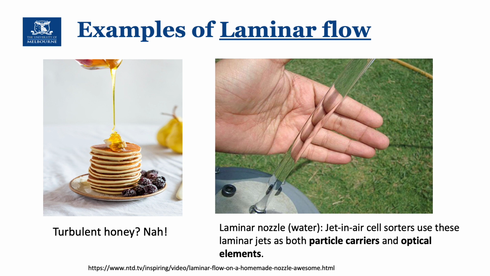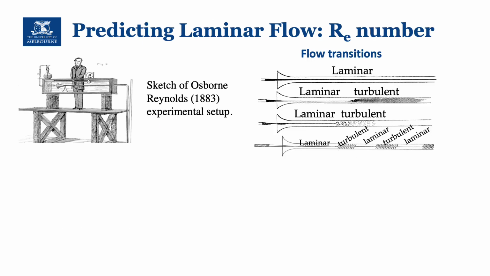So you can make liquids with low viscosity, like air or water, flow in a laminar fashion. And other liquids like honey that are highly viscous will tend to naturally flow in a laminar fashion. What essentially defines the movement of a liquid? How can you guarantee that an instrument is running on laminar flow?